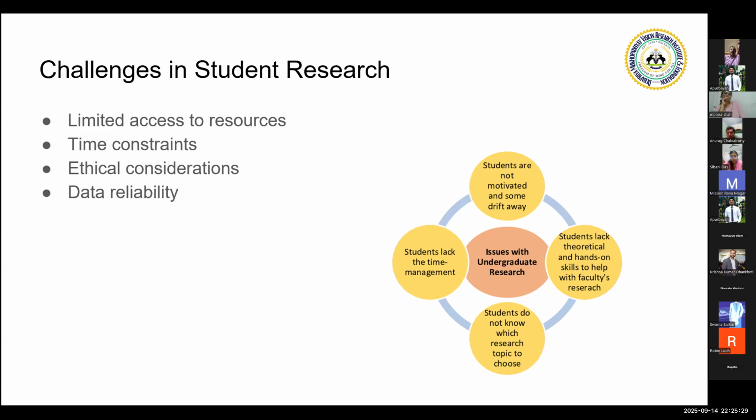But yes, the ethical board needs to be there in the institute.